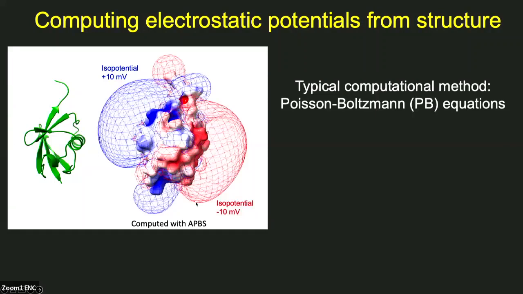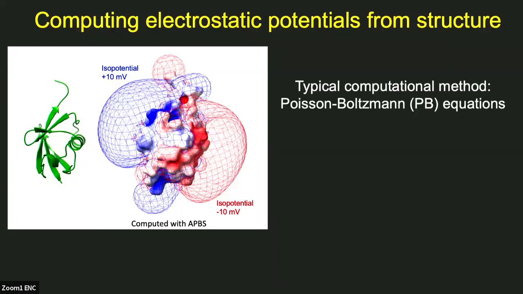But today I'm going to talk about basically 3-dimensional electrostatic potentials around the protein. You can easily calculate this kind of potentials using nice software like APBS or DelPhi. Those software solve Poisson-Boltzmann equations, and you can easily get electrostatic potentials from just structure.